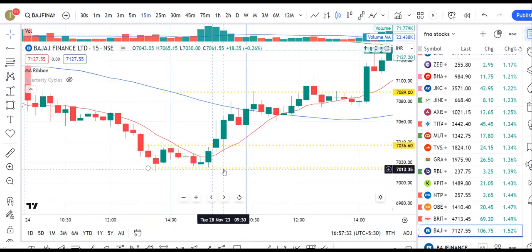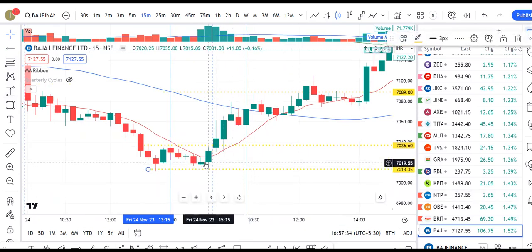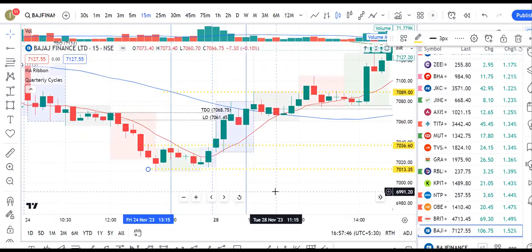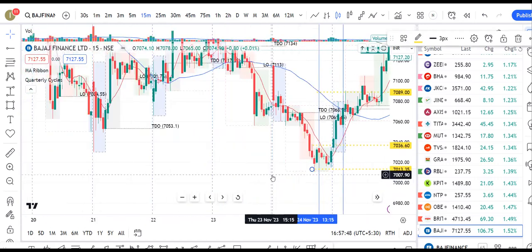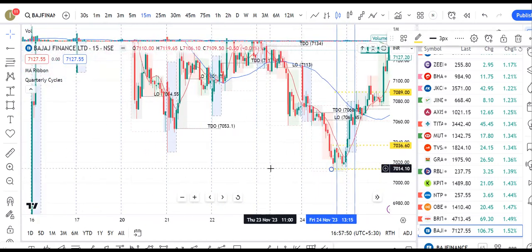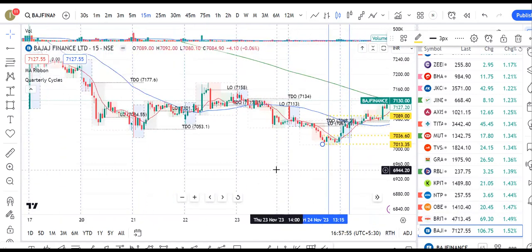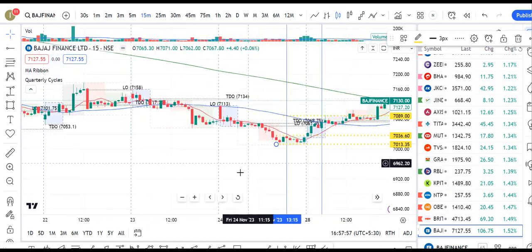So this is the range, and today the market price opened above, and these are the two guidelines, 7036 and 7013. If I enable, if you go back, you will get the ranges. 7053.